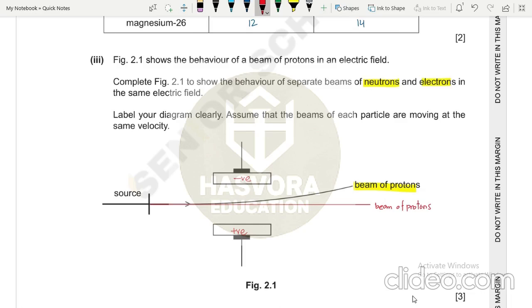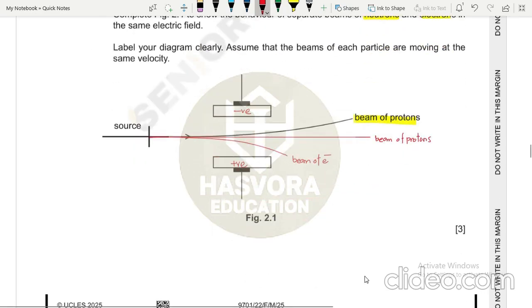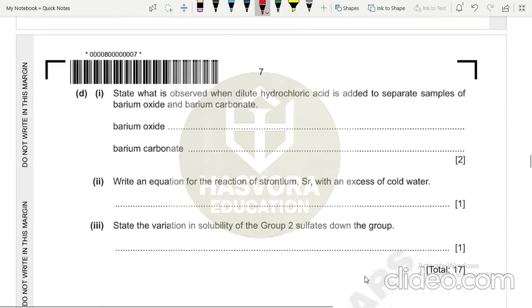Now remember, the electrons are much lighter in weight, so they will show a very sharp turning. This will be a very sharp turn by the beam of electrons. So this was your easy question for 3 marks. Let's move on to the D part.